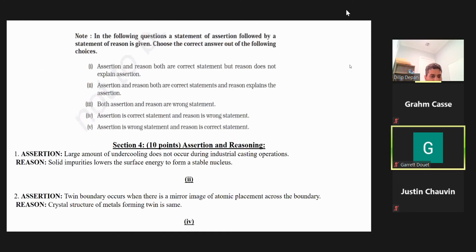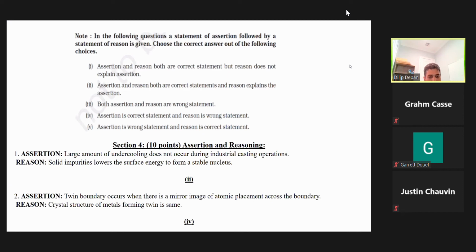Okay, now in these reasoning and assertion problems, first one, large amount. I think we did both of these problems in class, so I'm not sure why some of the students either are not coming, or not taking notes, or not being very careful while making notes or attending the class.